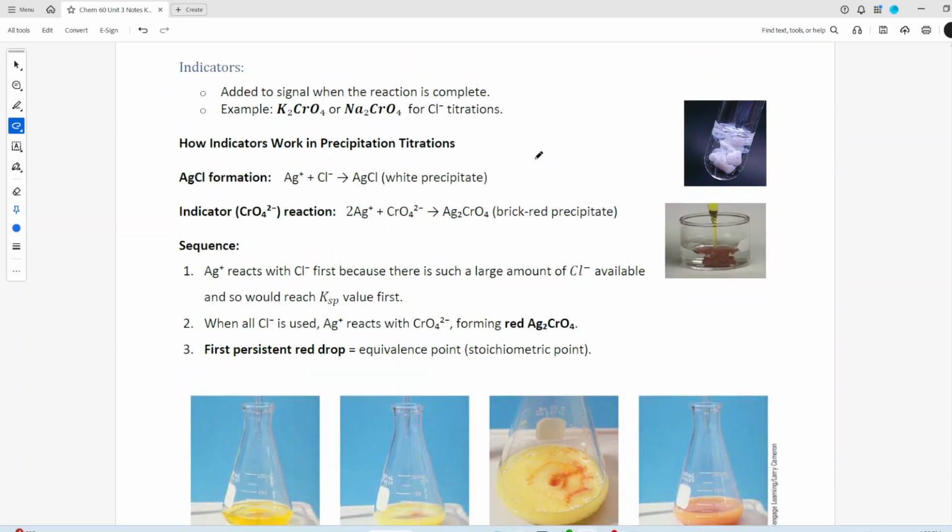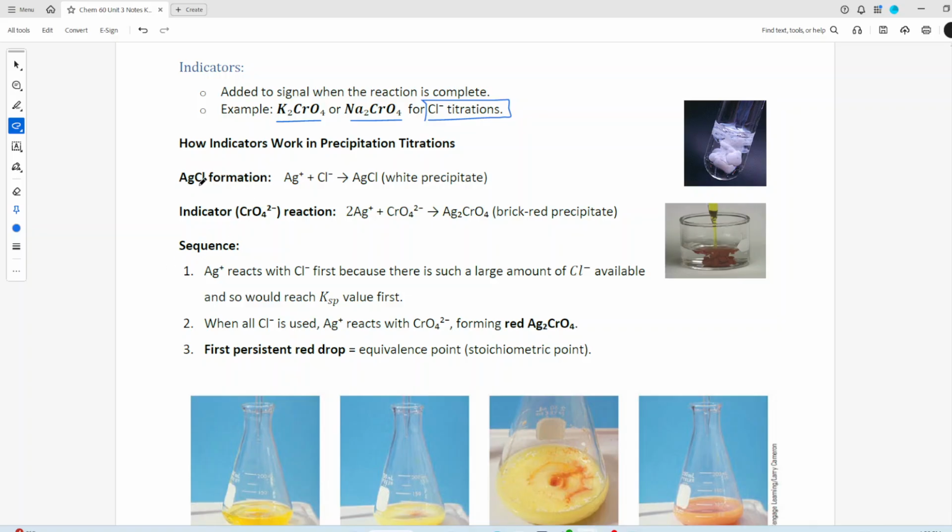An example of an indicator, something that signals when a reaction is complete, is something like potassium chromate or sodium chromate. This is for chloride titrations, which is what we're going to be doing in our lab. And how an indicator works is that we are going to be looking for the formation of silver chloride.